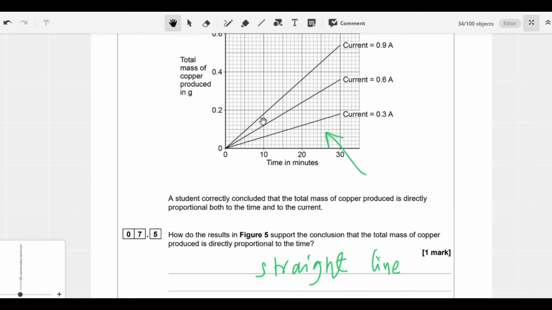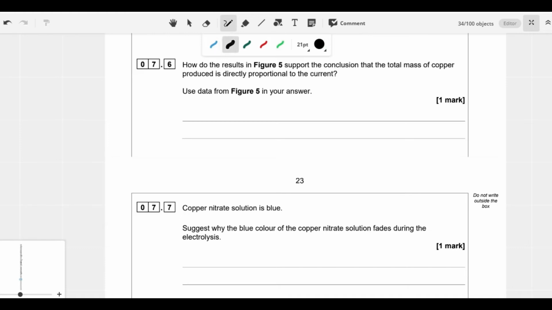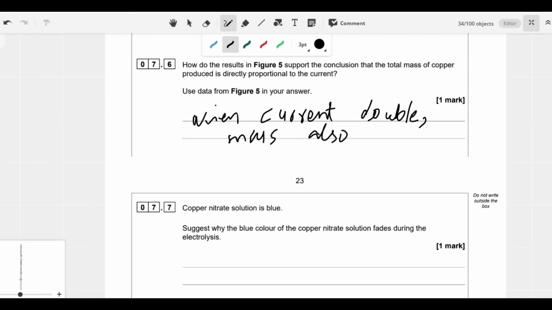So for a given time, when the current doubles, the mass doubles, with the supporting data. So you have to write: when the current doubles, the mass also doubles.